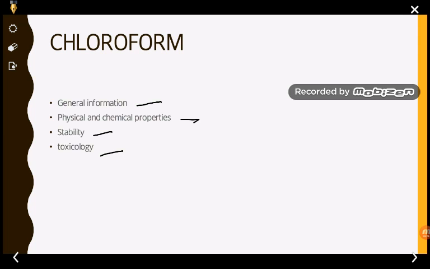So the information related to a particular chemical is kept under this sheet. That's why they are called material safety data sheets. All information regarding the chemicals is stored or maintained in a particular booklet. And regarding the hazards, toxicity or stability, it is already given inside the safety data sheets.